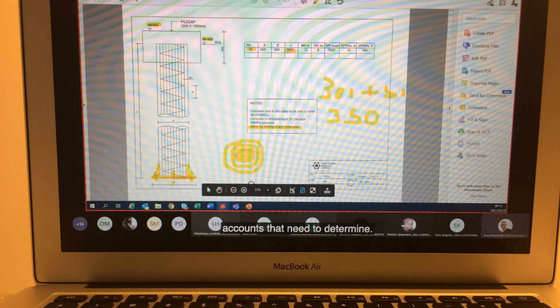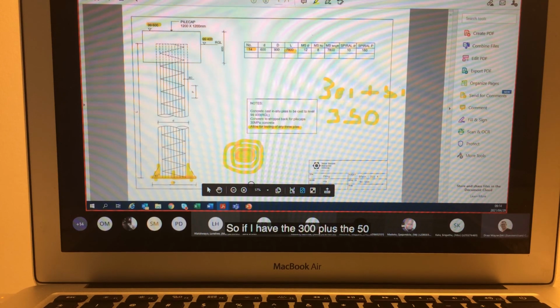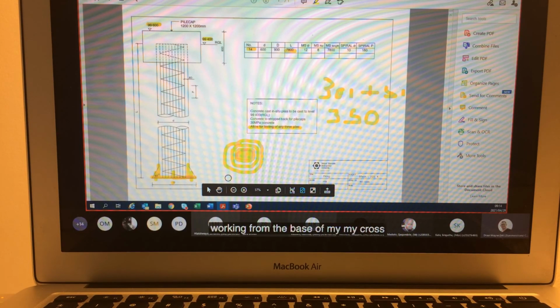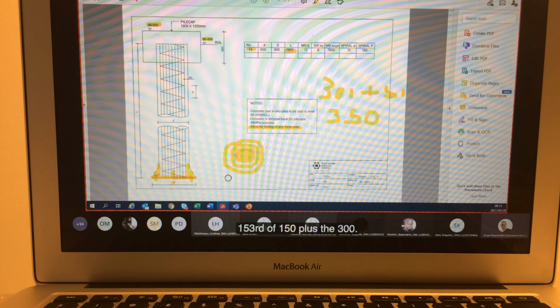That's the circumference that I need to determine. So, if I have the 300 plus the 50 millimeter of what I had now learned working from the base of my cross-sectional properties in structure, then this instance will be a third of 150 plus the 300.